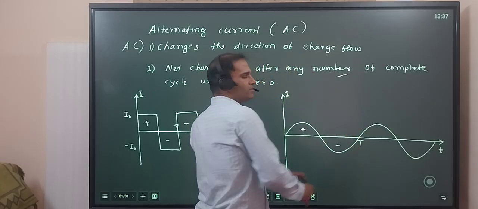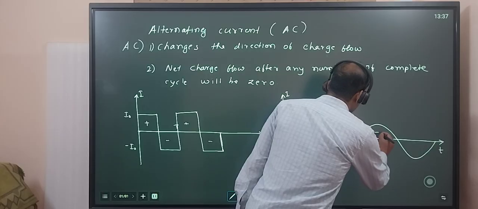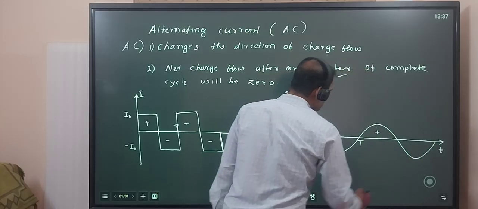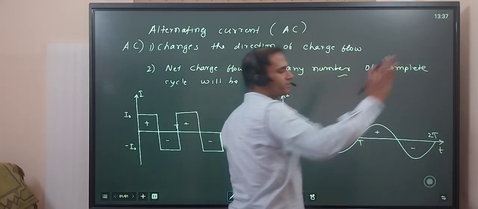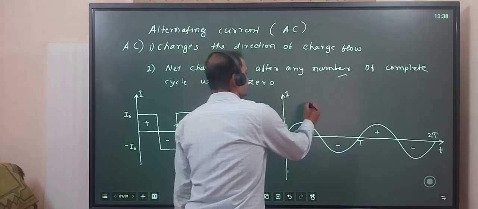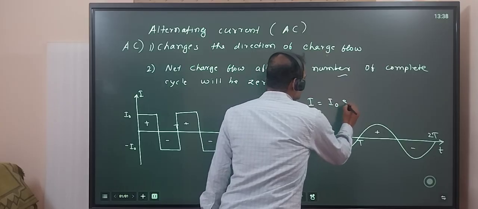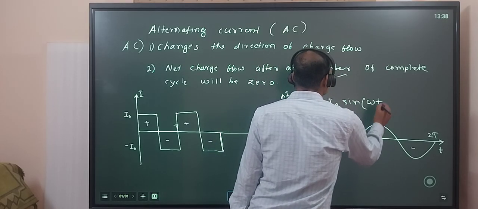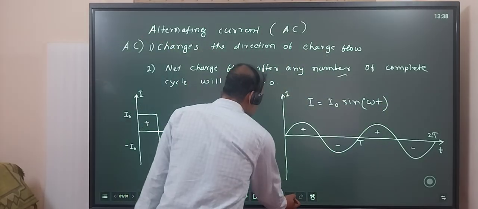In one time period, one cycle is completed, and in the next time period the same thing is repeated. This will continue. It looks like a sine graph, and its equation will be something like this: I naught sine omega t. I will write a 0 here also.